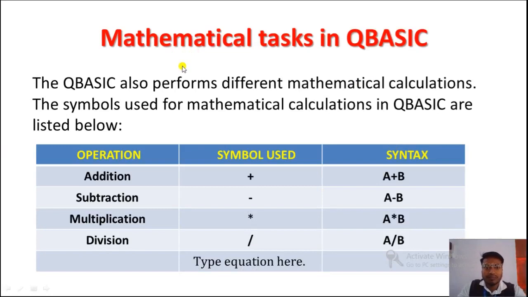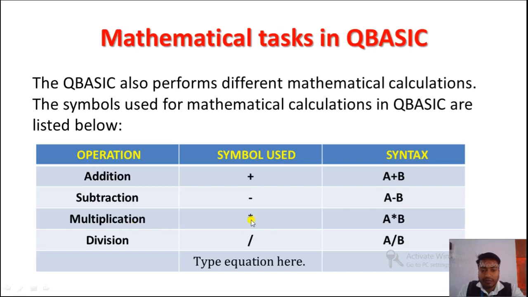Then we have some mathematical tasks in QBasic. QBasic can also perform different mathematical calculations. The symbols used for mathematical calculation in QBasic are listed below. For addition, this is the symbol, and we can write the expression like this: a plus b. Then subtraction, this is the symbol: a minus b.